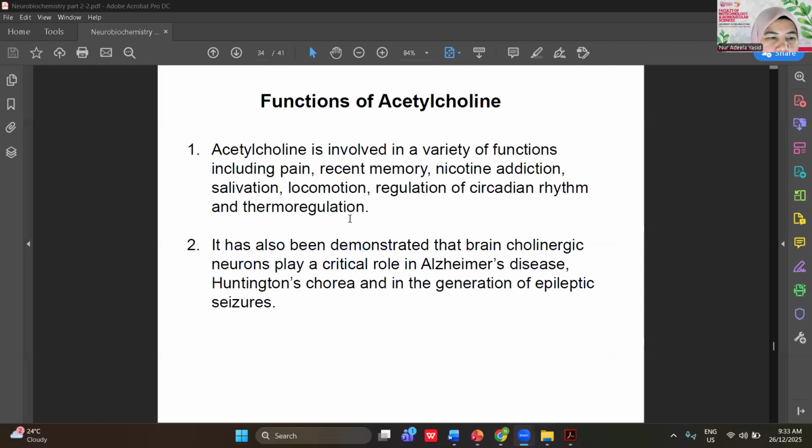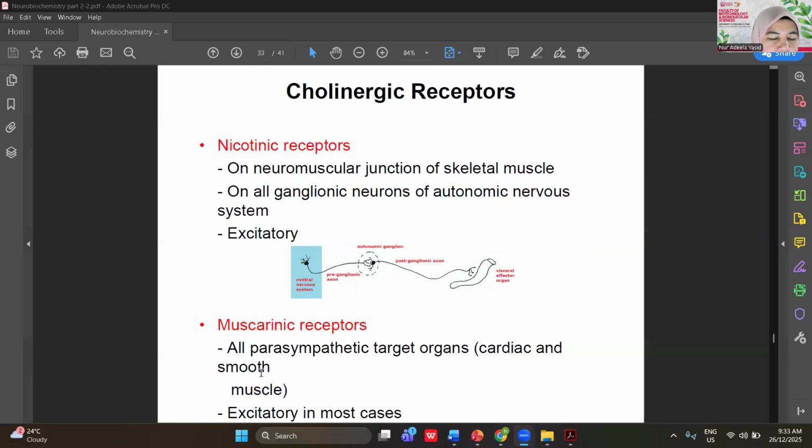Another one is the muscarinic receptor, found at parasympathetic target organs, for example cardiac and smooth muscle. It is generally excitatory, but its effects can vary depending on the organ and also the receptor subtype.